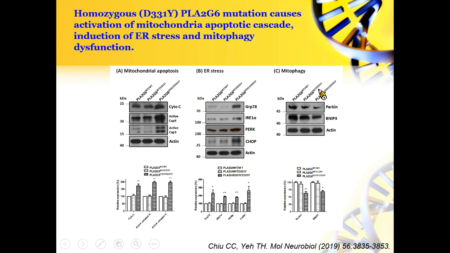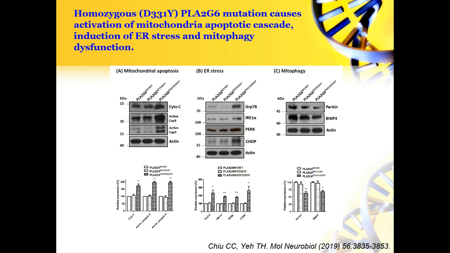Western blot analysis showed that protein expression of active caspase 3, active caspase 9, or cytochrome C in the cytosol was upregulated in the substantia nigra of homozygous D331Y Parkin knock-in mice at the age of 6 months. Protein levels of GRP78, IRE1, PERK, and CHOP were increased in the substantia nigra of Parkin D331Y homozygous knock-in mice.